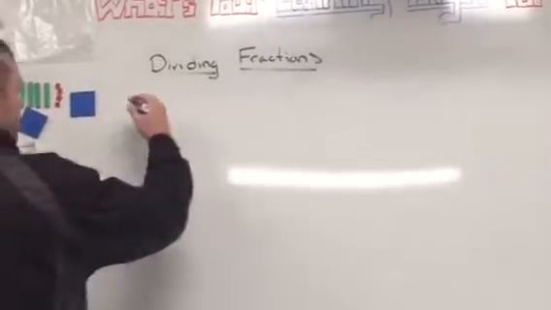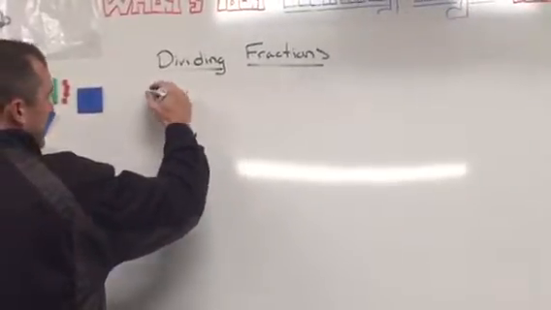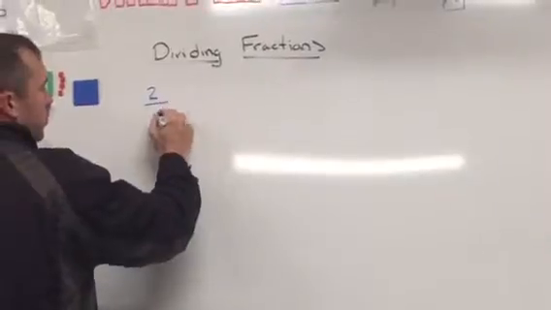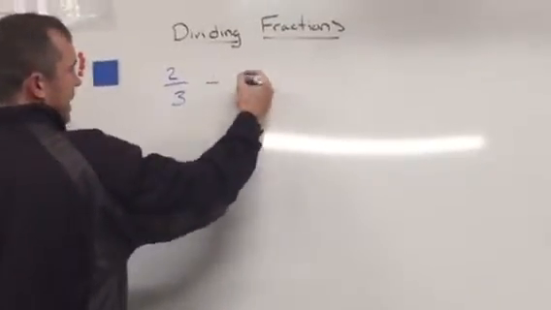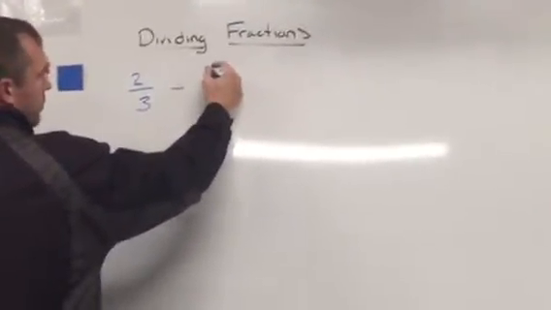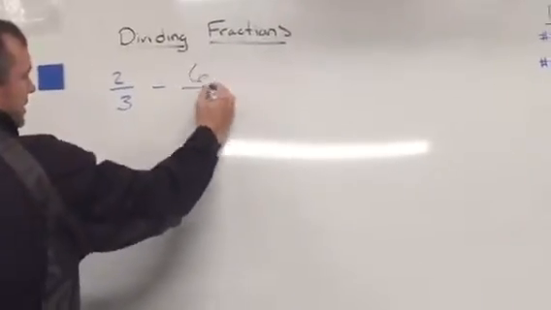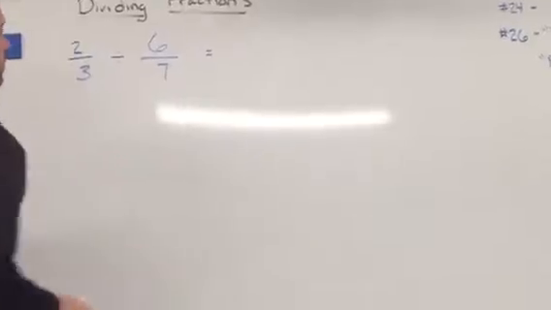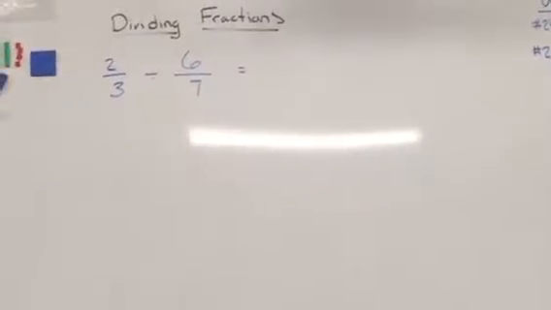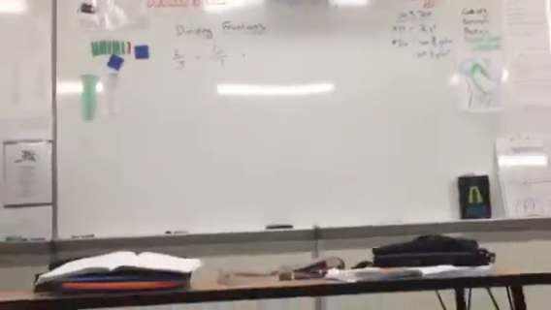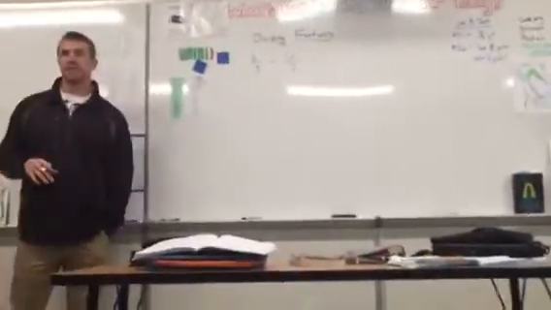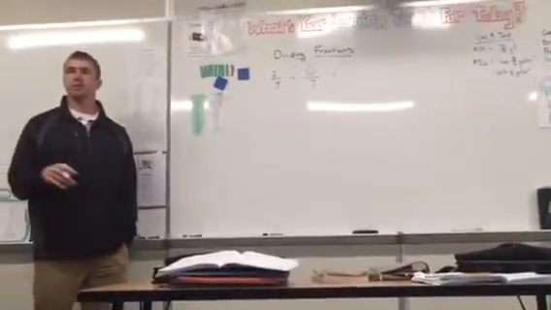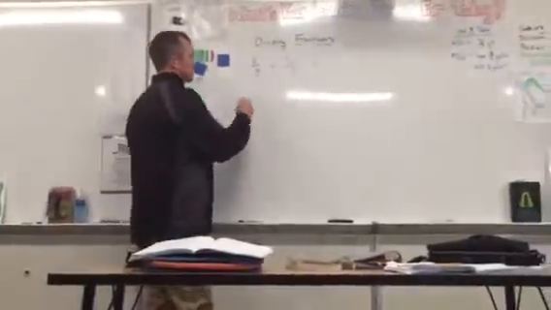So let's say I have this problem right here: 2/3 divided by 6/7. So you have to turn the 6/7 into its reciprocal and multiply. What would my new problem be if I want to divide 2/3 by 6/7? Audrey? 2/3 times 7/6.